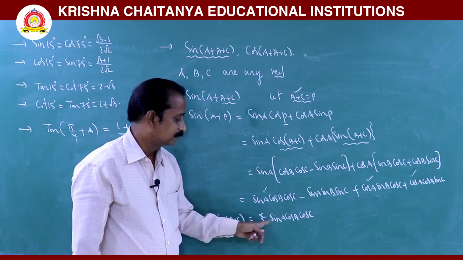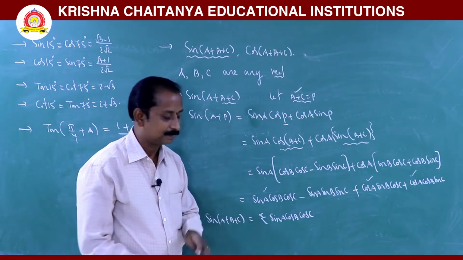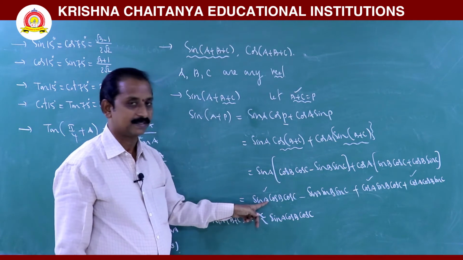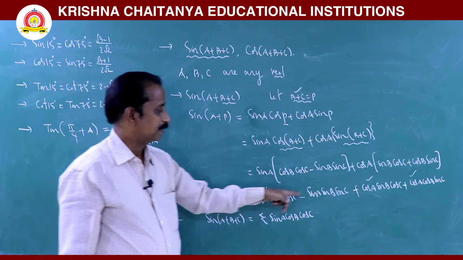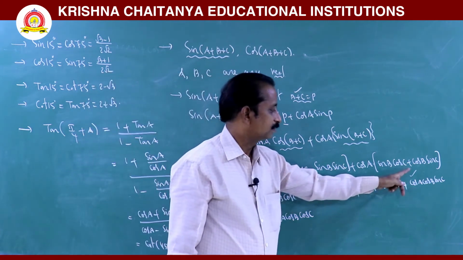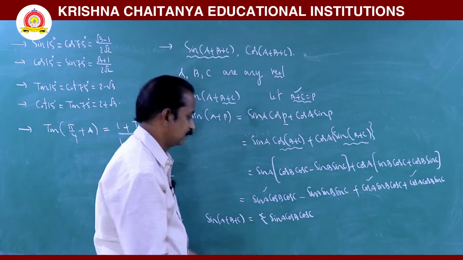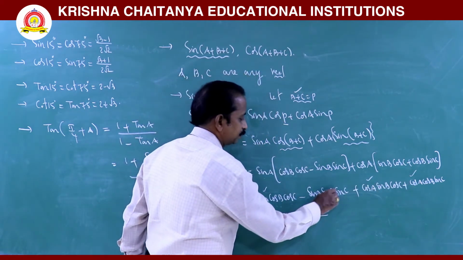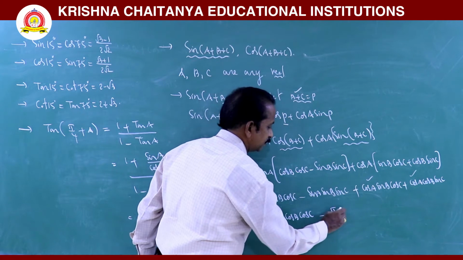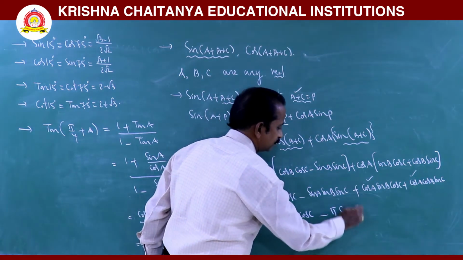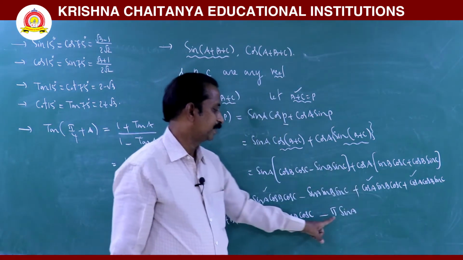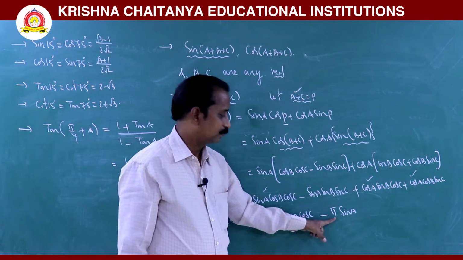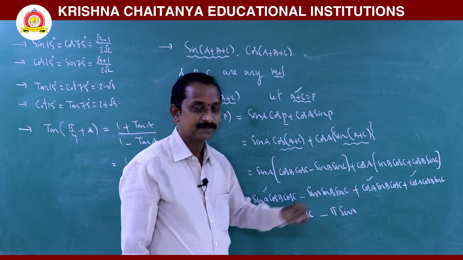If you expand this sigma, we have three terms: sin A cos B cos C, cos A sin B cos C, cos A cos B sin C, minus sin A into sin B into sin C. It is simply pi of sin A. Pi indicates multiplication, meaning sin A into sin B into sin C.